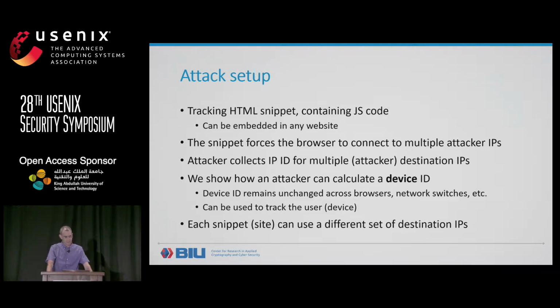The attacker then collects the IP ID for the traffic generated to its IP addresses, and we show how an attacker can calculate a device ID based on that. This device ID will remain unchanged across browsers, network switches, VPNs, and privacy mode, and therefore it can be used to track the user, or more accurately, the device.